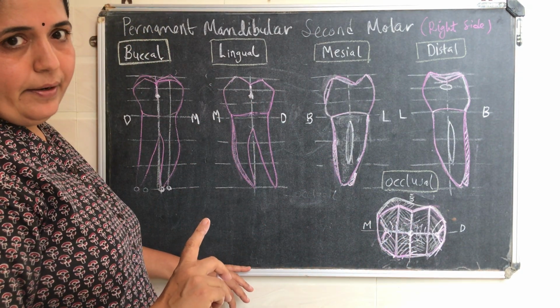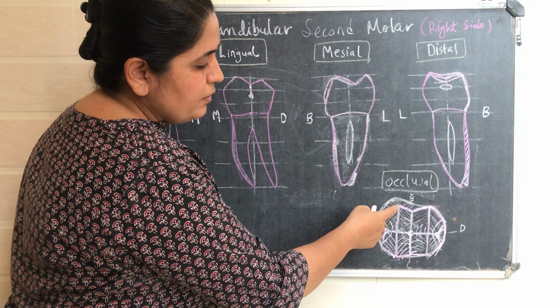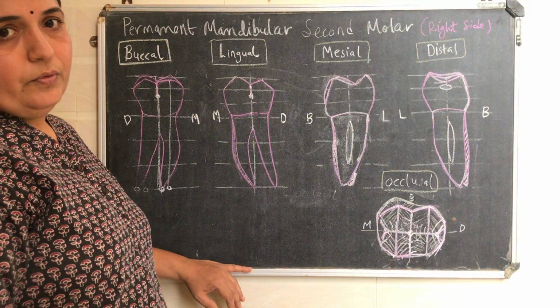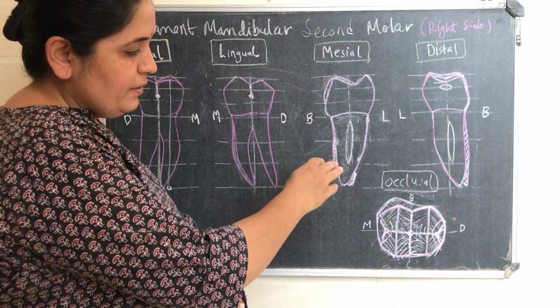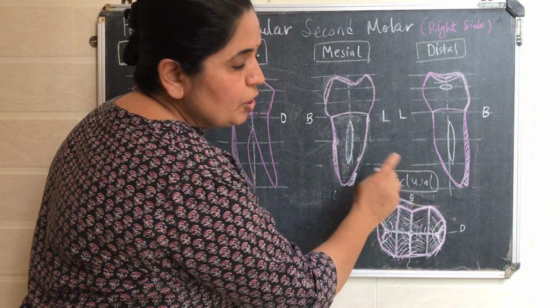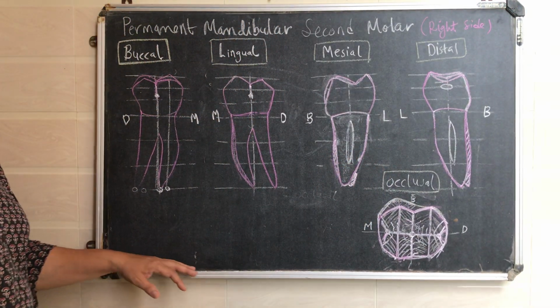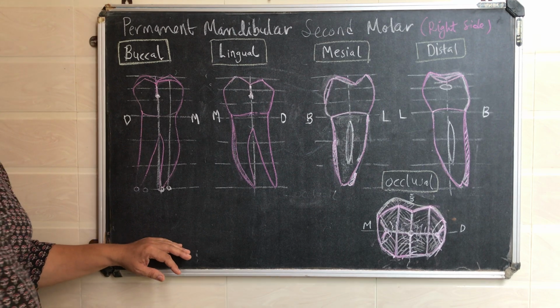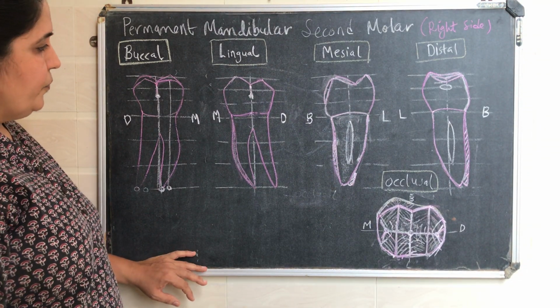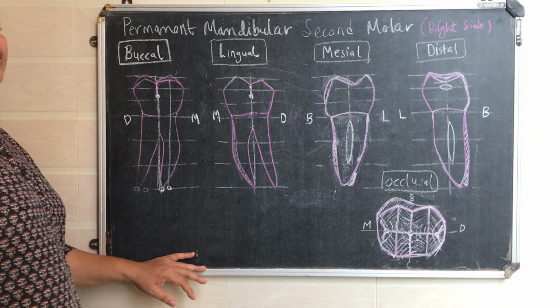Right? In the first molar, there are the mesiobuccal groove and the distobuccal groove on the buccal side. In the second molar, there is only 1 groove separating the 2 buccal cusps. Right? So that is the only difference. The rest of the things are the same in carving also. Right? Now the third molar.